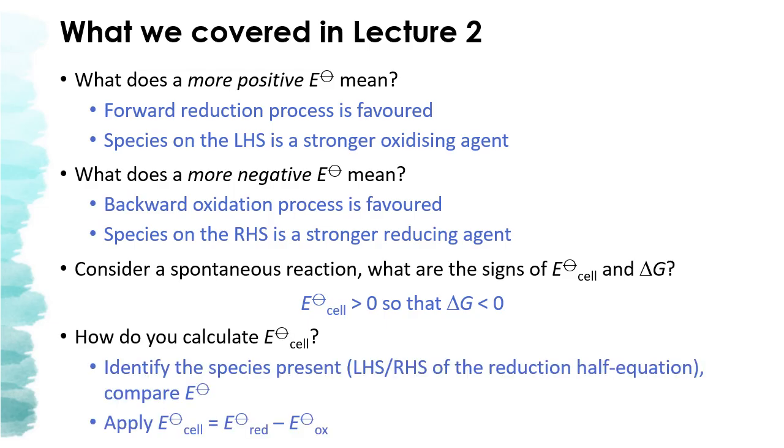This will mean that the reaction is spontaneous. And lastly, how do you calculate the voltage of a galvanic cell? You take reduction minus oxidation.